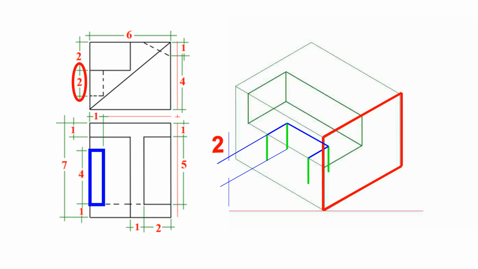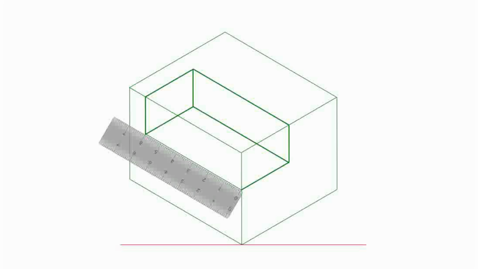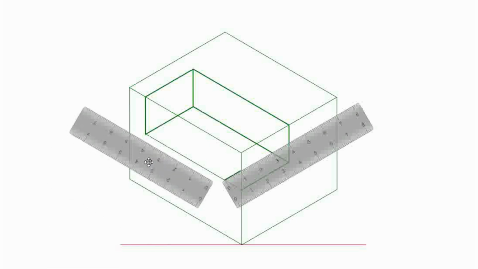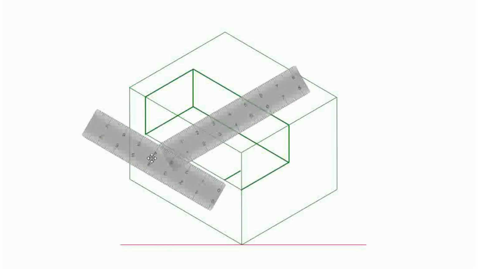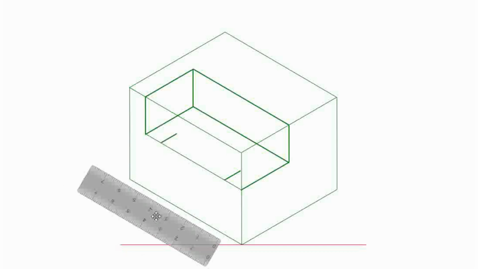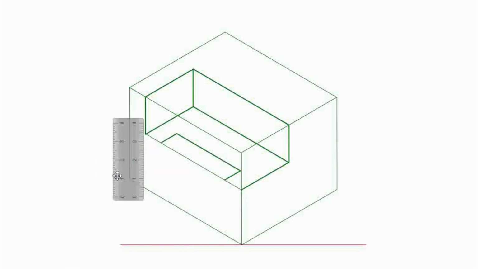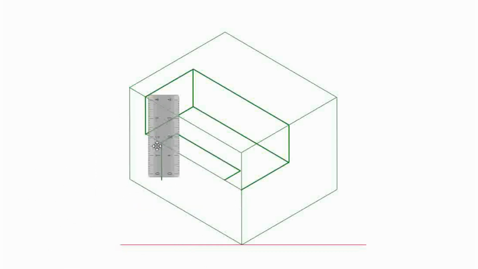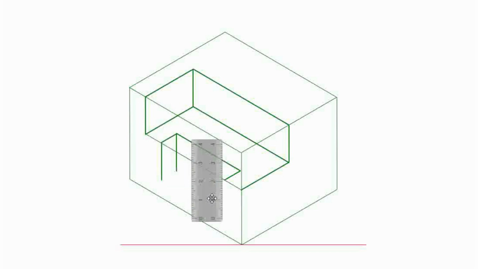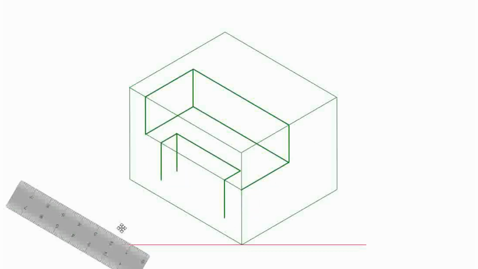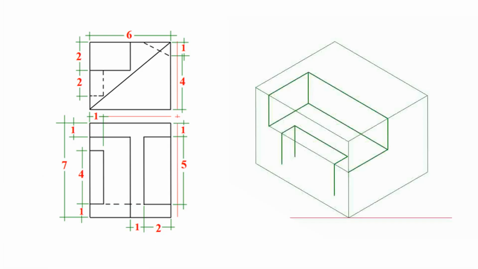So, when we construct this on our isometric box, we must be precise and intentional. We do not carve all the way through. We only go 2 units deep.